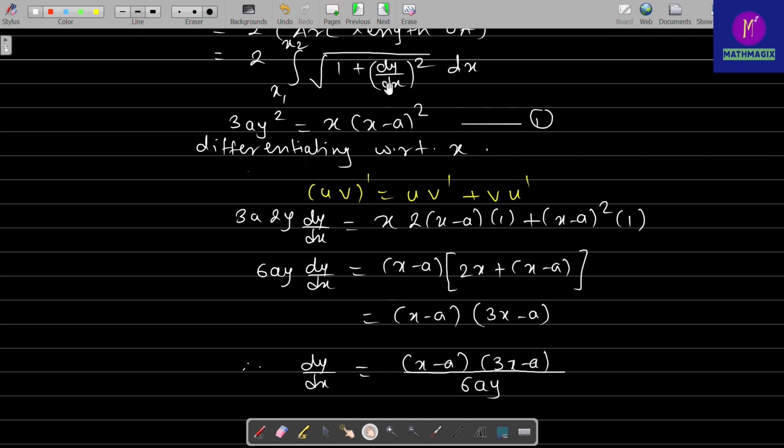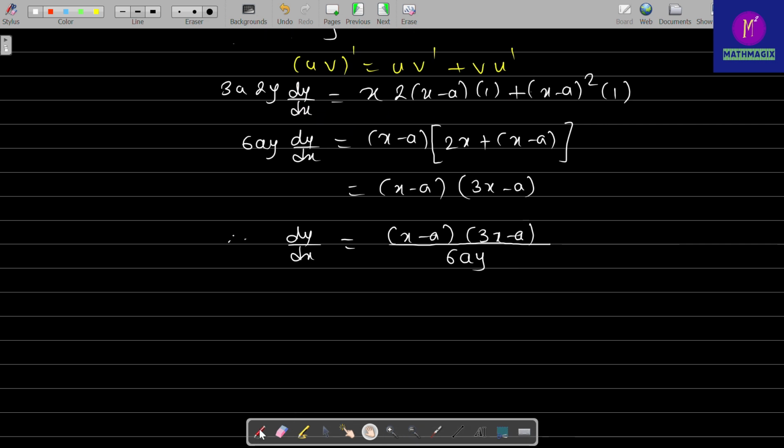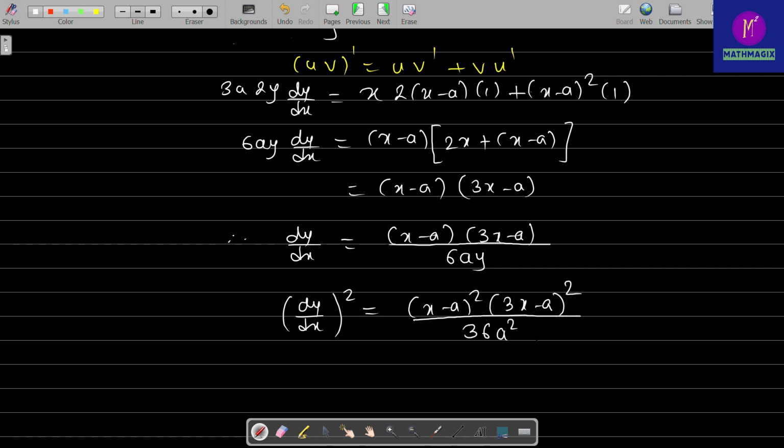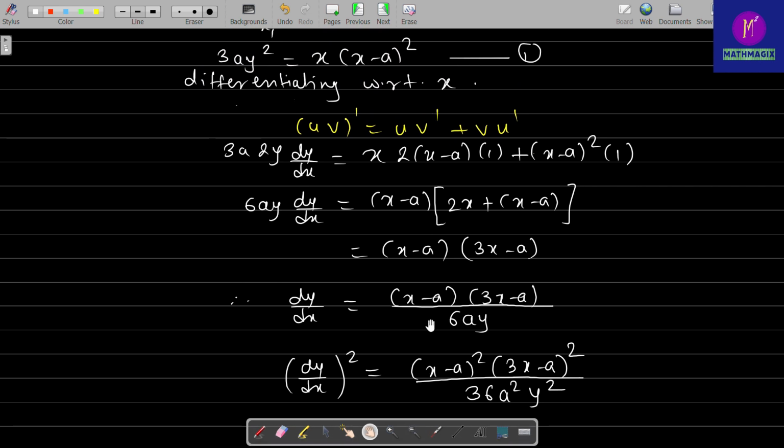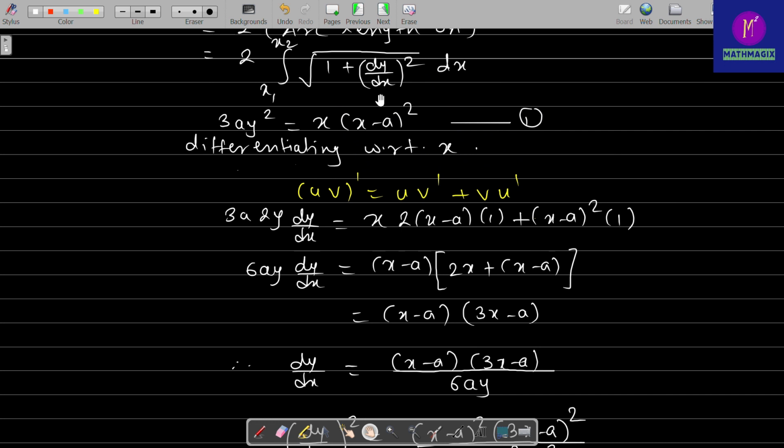We require in the formula 1 plus (dy by dx) the whole square. So let us try to find out that whole thing. So (dy by dx) the whole square is equal to (x minus a) square (3x minus a) square upon 36a square y square. See, while substituting the value of dy by dx in this integration, we want everything as a function of x.